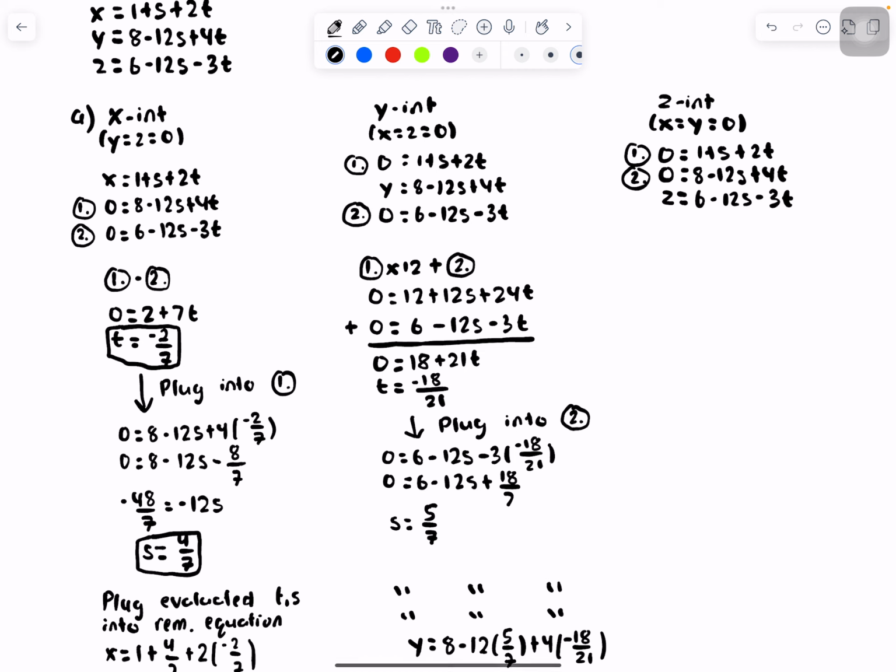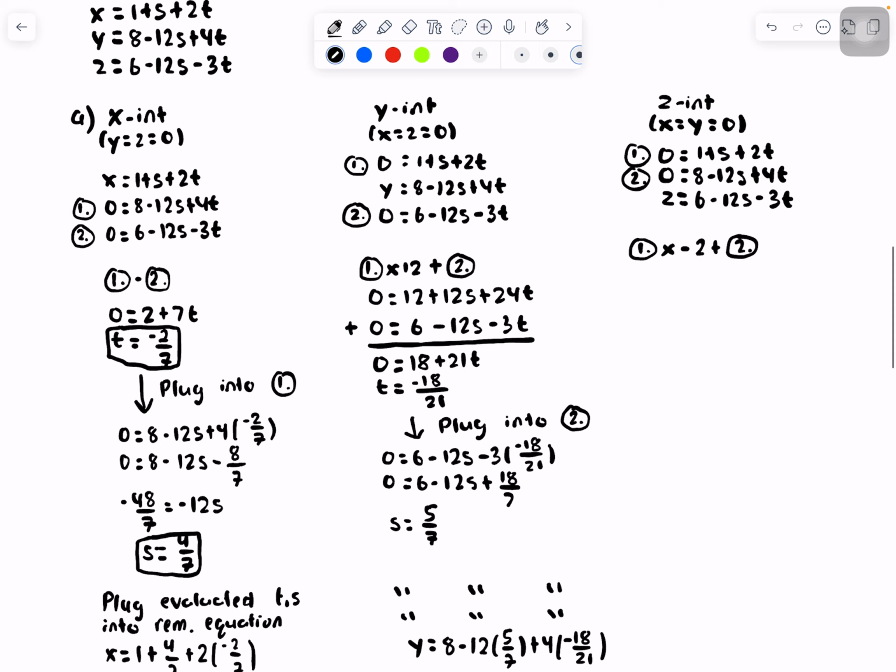So what can I eliminate from 1 and 2? Let's eliminate t actually in this case. So let's do 1 times negative 2 plus 2. So that'll eliminate t. You'll see why here. So I got 1 times negative 2.